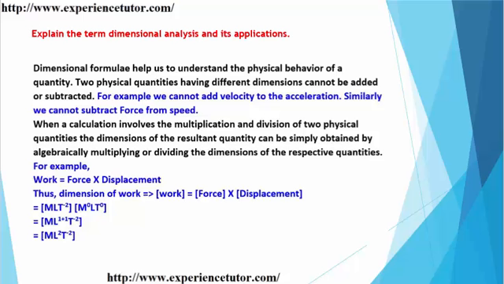When a calculation involves the multiplication and division of two physical quantities, the dimension of the resultant quantity can be simply obtained by algebraically multiplying or dividing the dimensions of the respective quantities. For example, work is equal to force into displacement. Thus, dimension of work is equal to dimension of force multiplied by dimension of displacement.